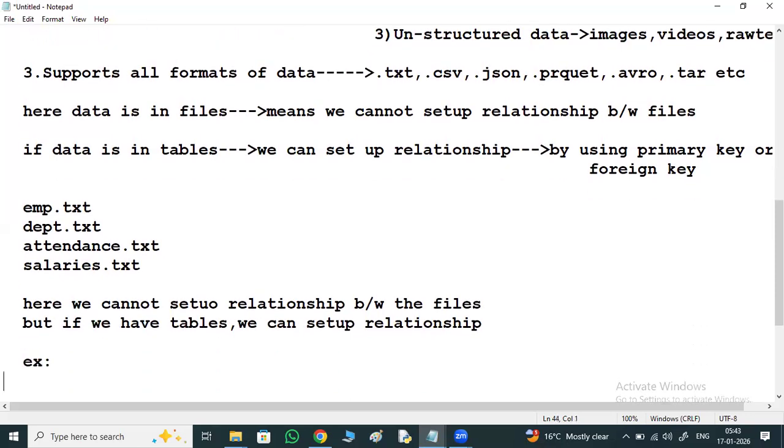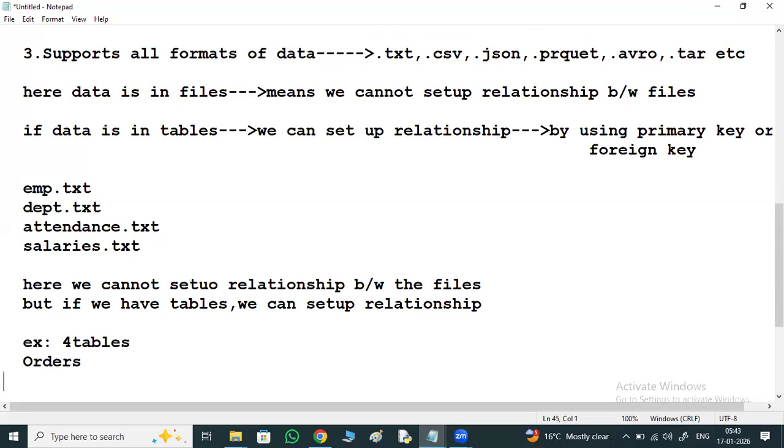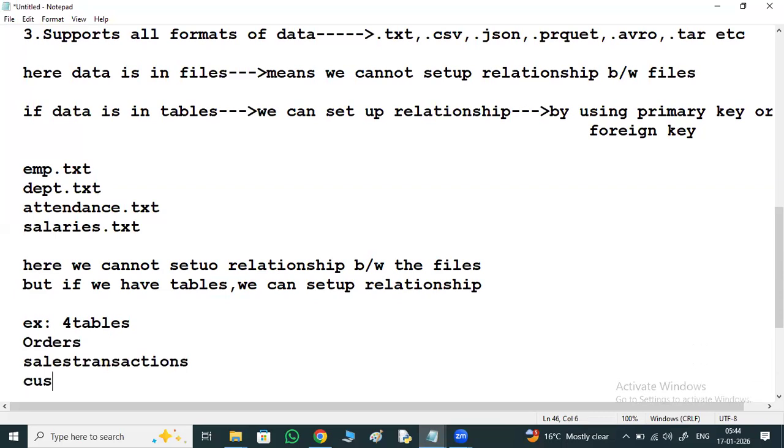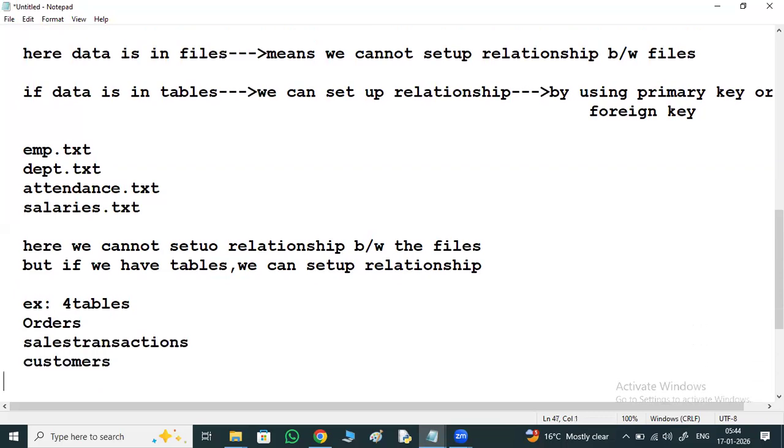Example, we have got four tables: orders, sales transactions, customers, products.